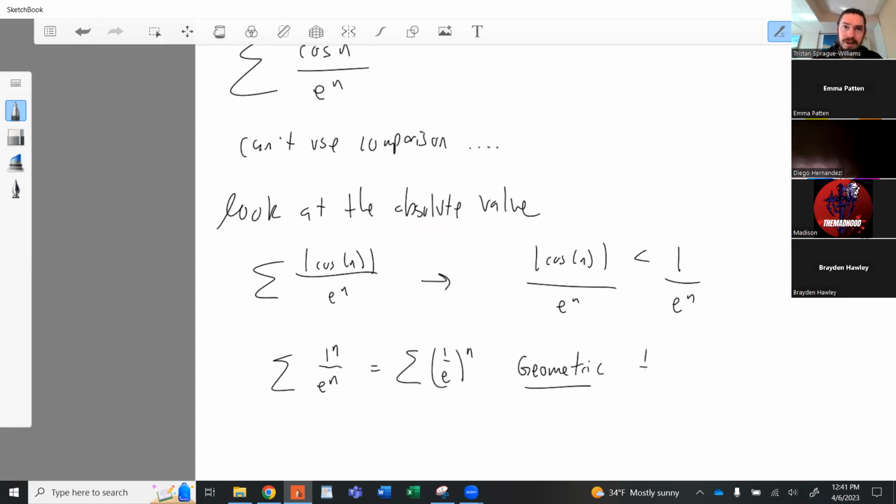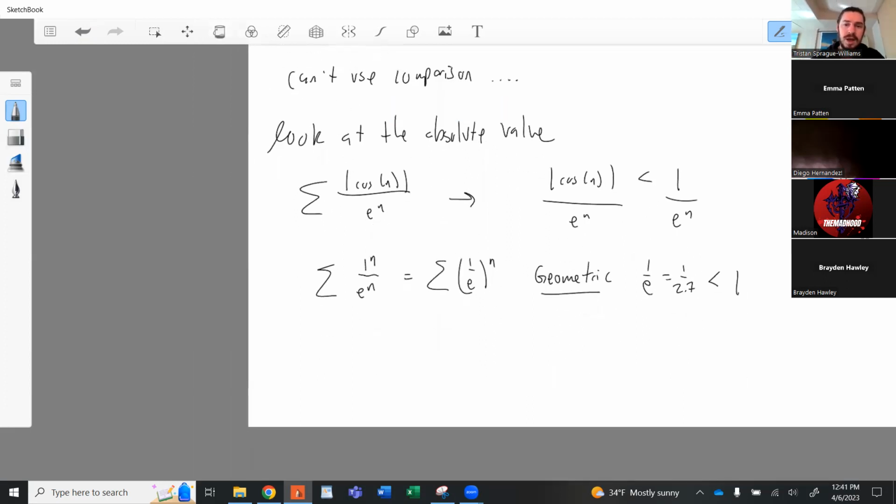And 1 over e is about 1 divided by 2.7-something. So whatever it is, it's less than 1, because we're splitting 1 into 2.7-ish pieces. That's smaller than 1. So it's a geometric series with a ratio less than 1, which means the series will converge.